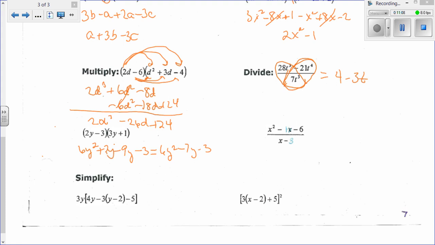For the next one, there are a couple of different ways I can show you this one, but we'll just work with our factoring. And when I factor my numerator, I'll have x minus 3 and x plus 2 divided by x minus 3.